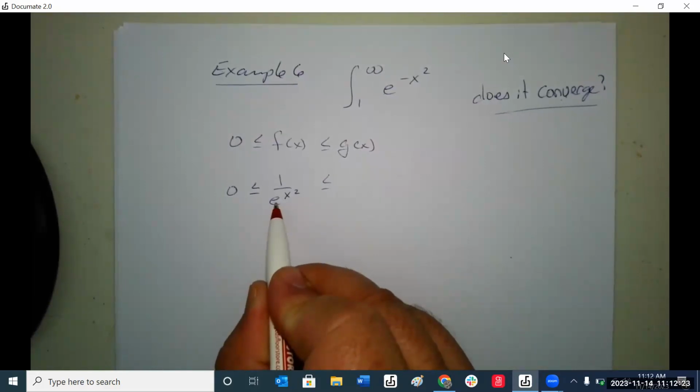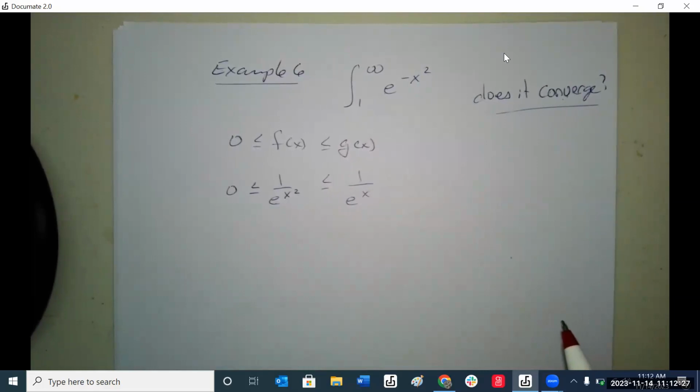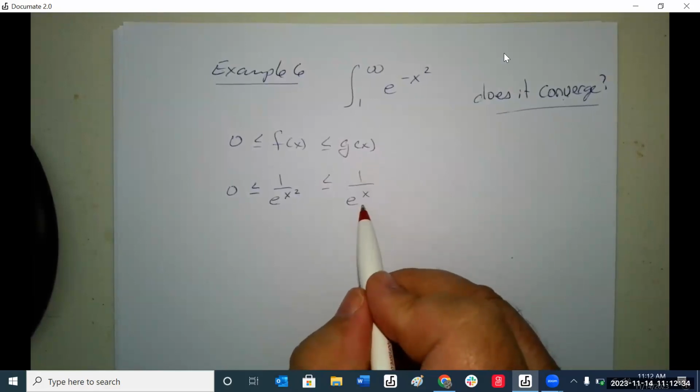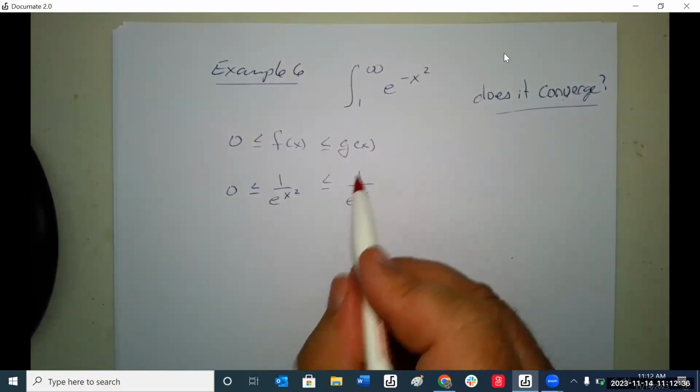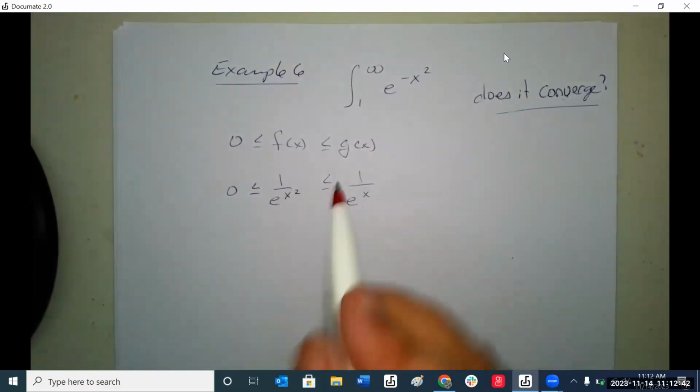Okay, since this is e to the x squared, how about just e to the x? Because remember, the smaller the denominator, the larger the fraction. So when I square x, it's going to be a much bigger expression on the bottom. So there.